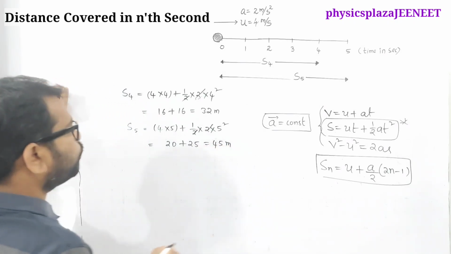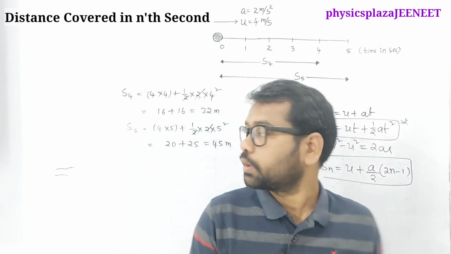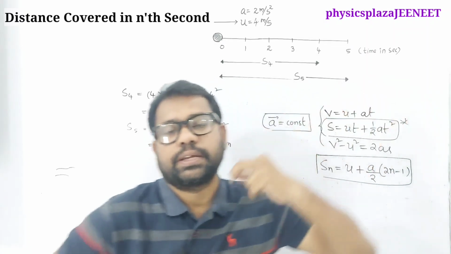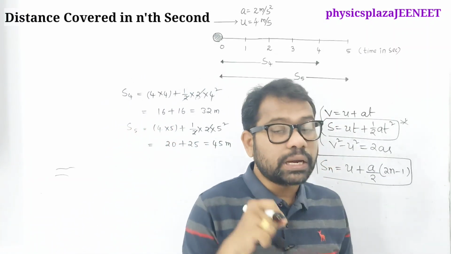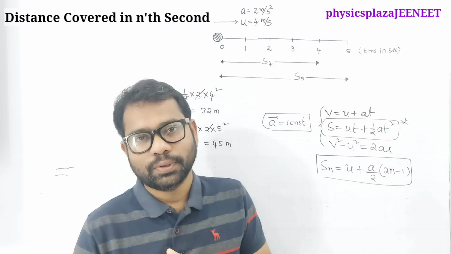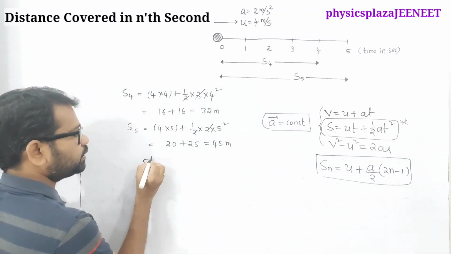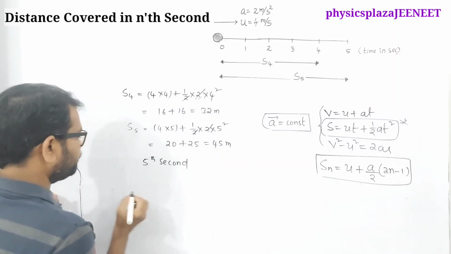Children, what is this 32 meters? Distance covered in 4 seconds. What is this 45 meters? Distance covered in 5 seconds. But if it is asked to calculate the distance covered in the 5th second, children, here a small difference is there.